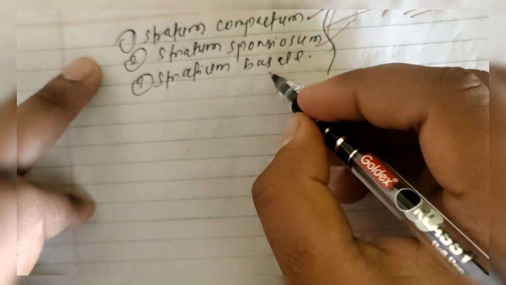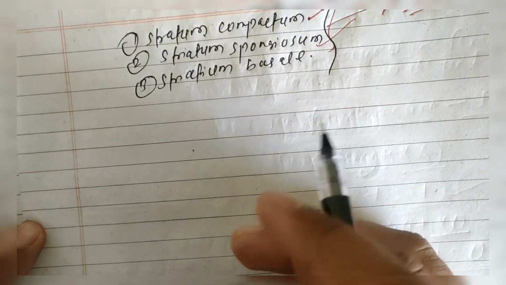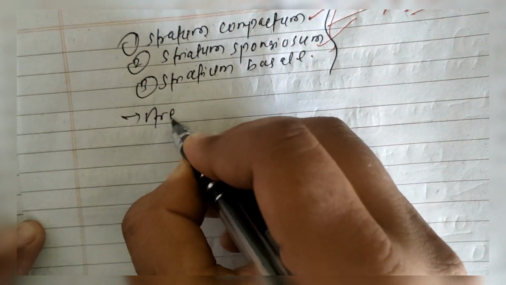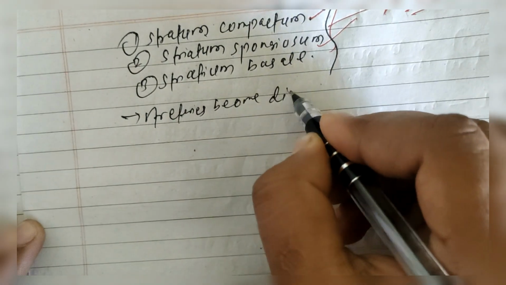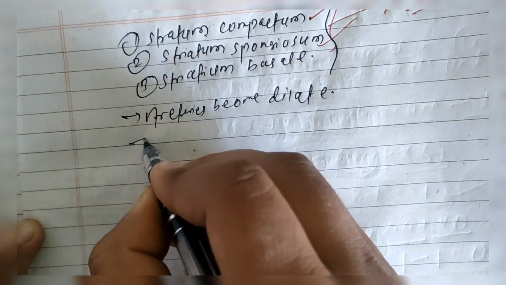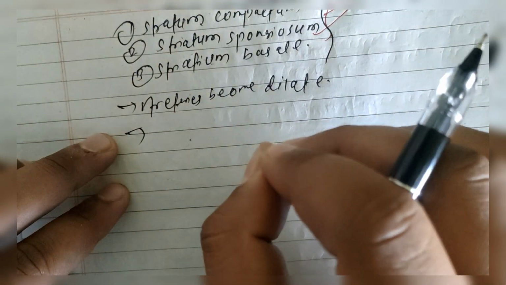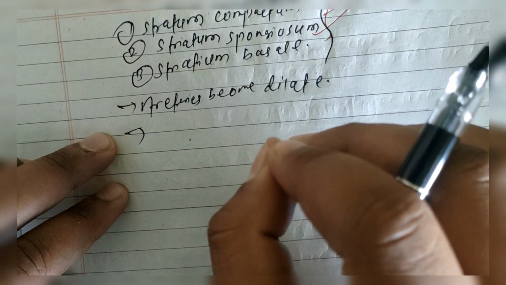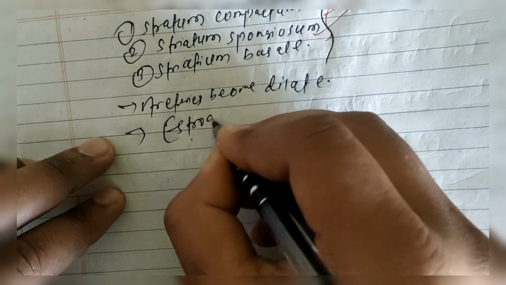So differentiating into these three parts, the arteries become dilated, and during this phase only the follicles are developed under the control of estrogen. Estrogen is the main hormone.